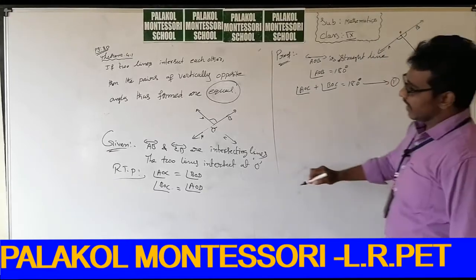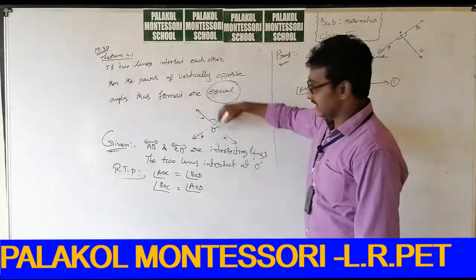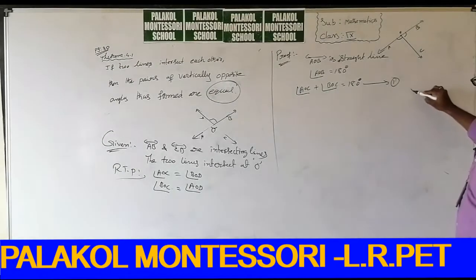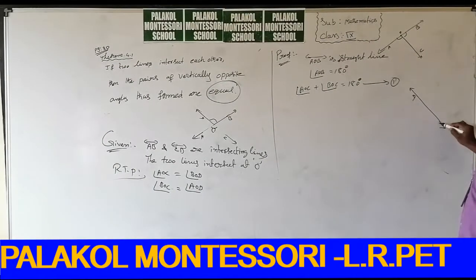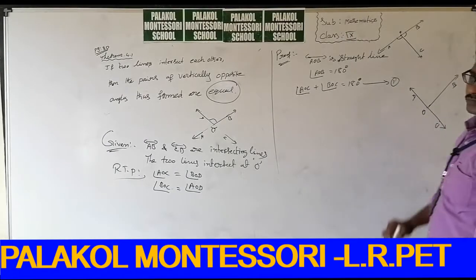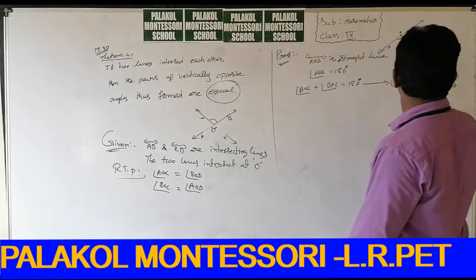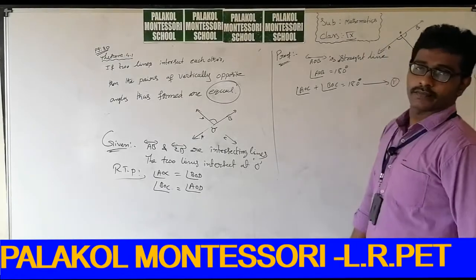Guys, see, I take it this time. This is D, this is C, this is O, this is B. It forms an angle on this side and an angle on that side.